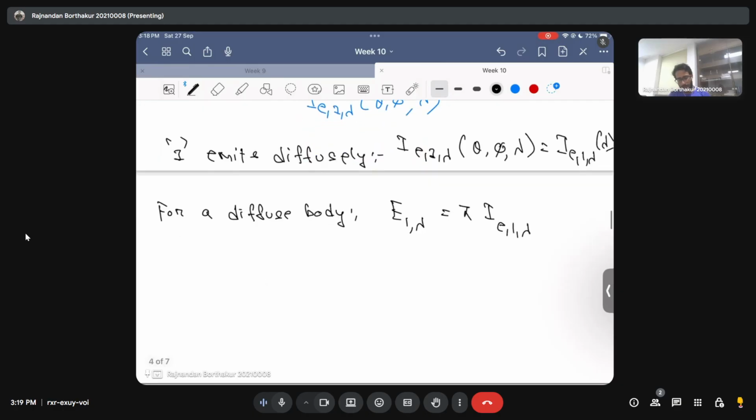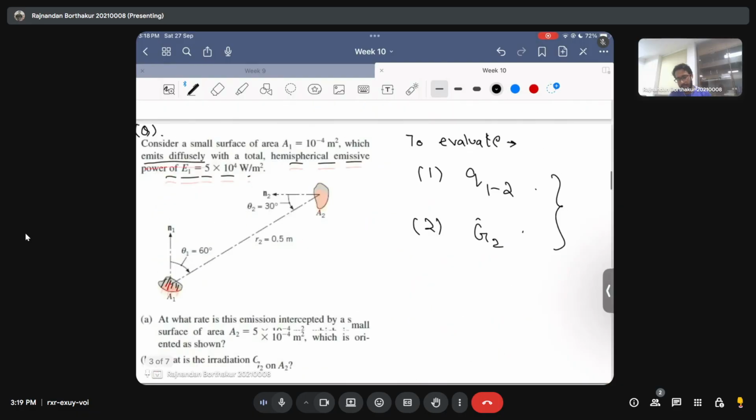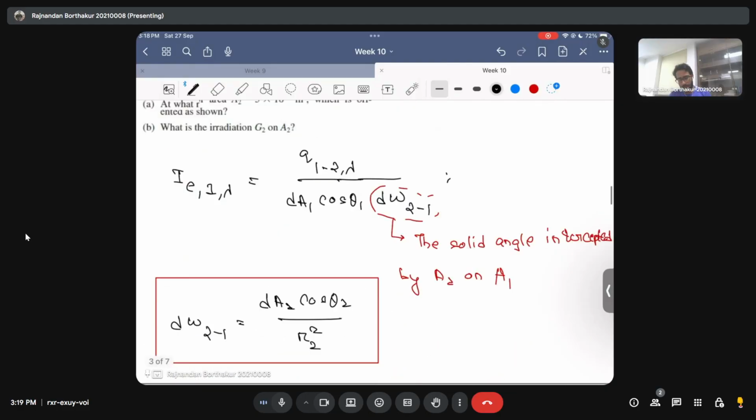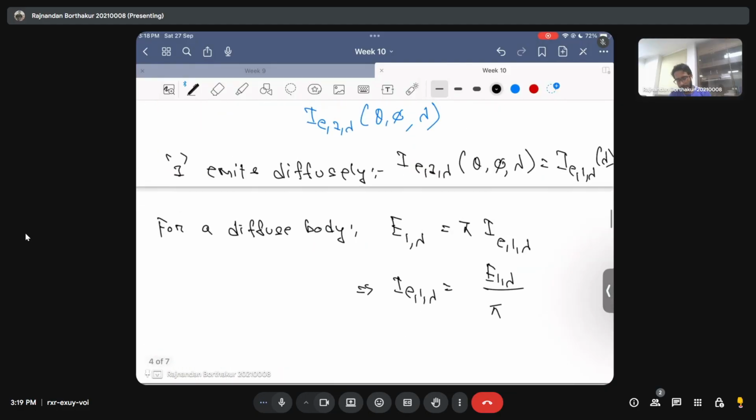So I can write that my intensity of emitted radiation is equal to the emissive power divided by pi. Now, the reason we are doing this is that in the question the intensity of radiation is not given, rather the hemispherical emissive power is given to you. So we can utilize this relation because it's a diffuse body.